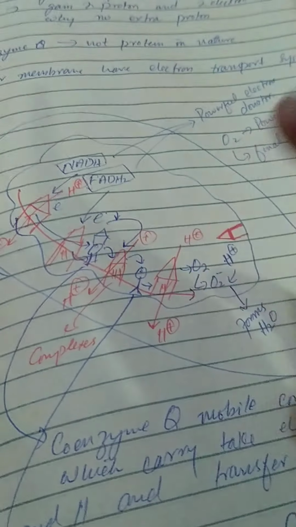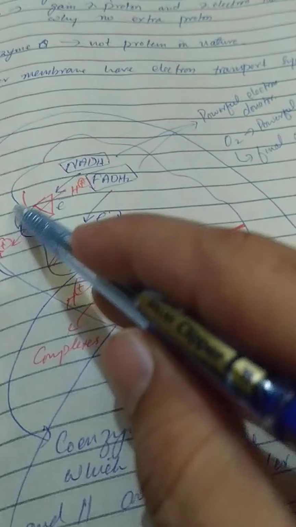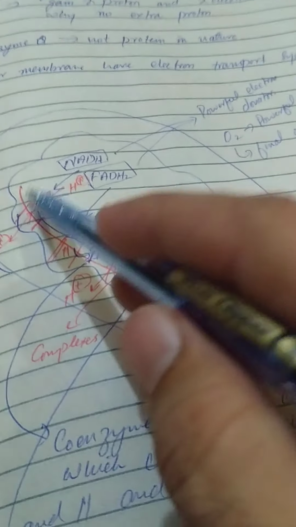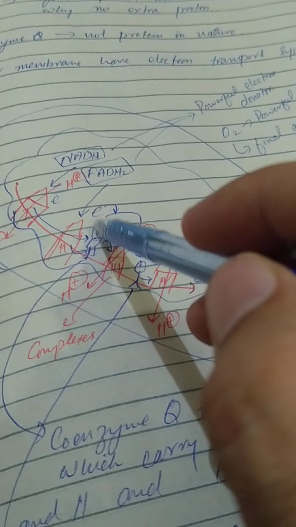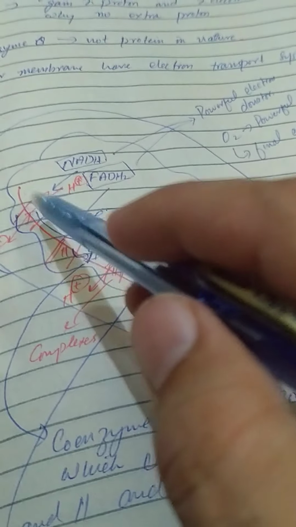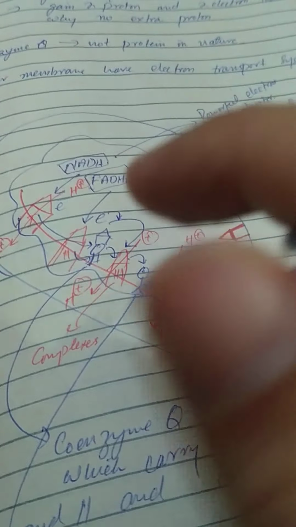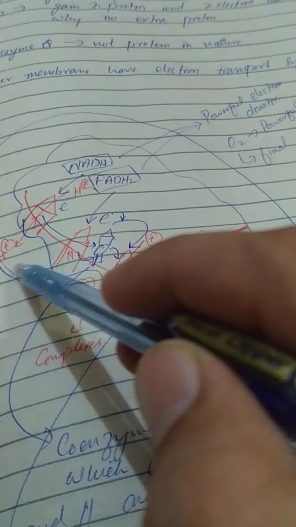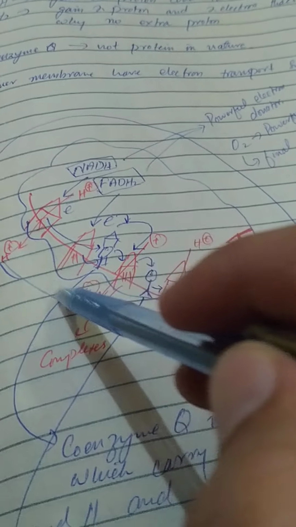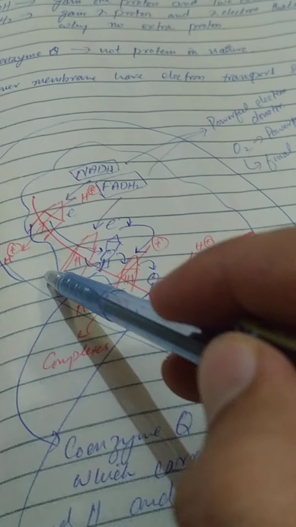So these protons use that energy from the electrons. When the complexes are energized, they use this energy to pump the protons from the matrix to the intermembranous space. This is the intermembranous space of the mitochondria.